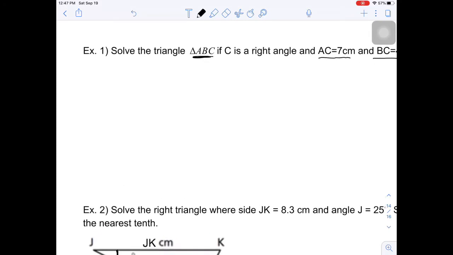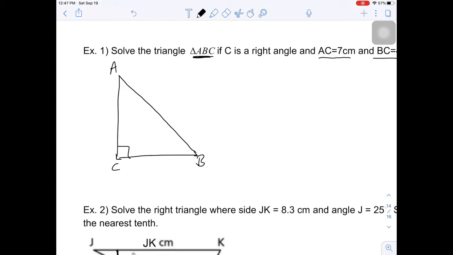So we have a triangle, and it's telling us it's a right triangle. Let's start off by drawing a right triangle. There's my right angle, and it tells us that C is a right angle, so this is going to be C here. Then we can make A this one and B this one.